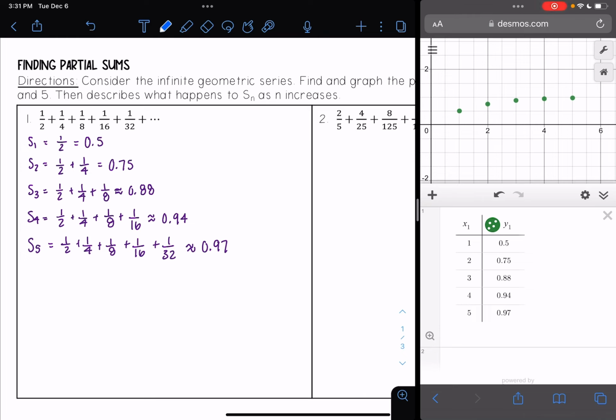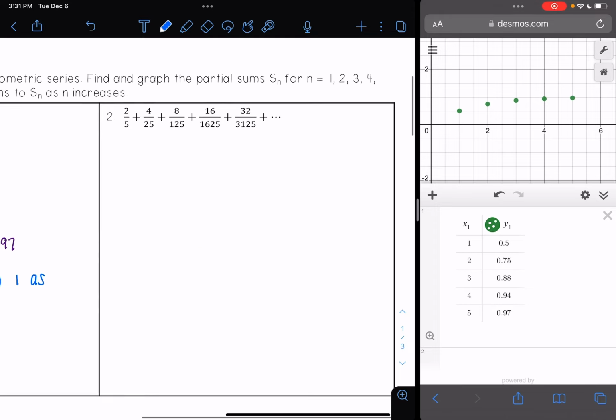And so I can say from the graph, Sn appears to approach 1 as n increases. And we can see that from our points here too. 0.5, this last one ends up being 0.97, and I see it's getting closer and closer to 1.